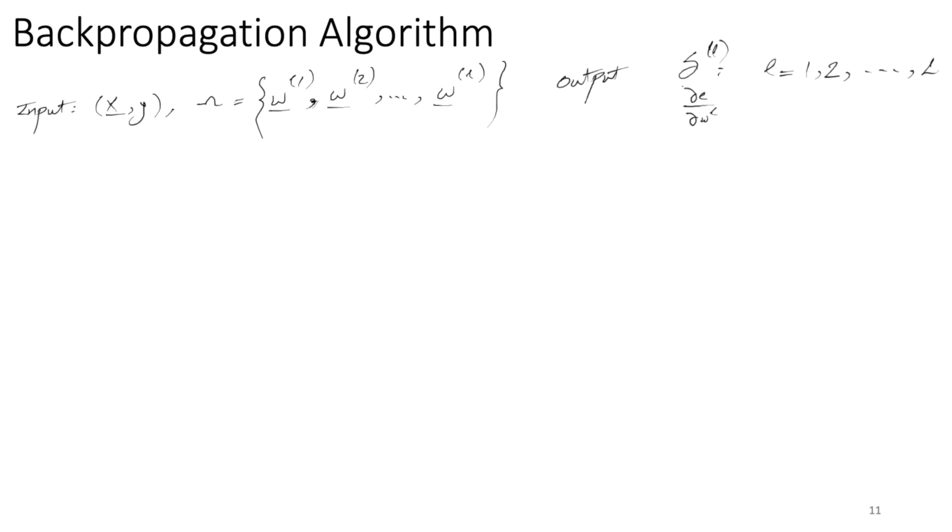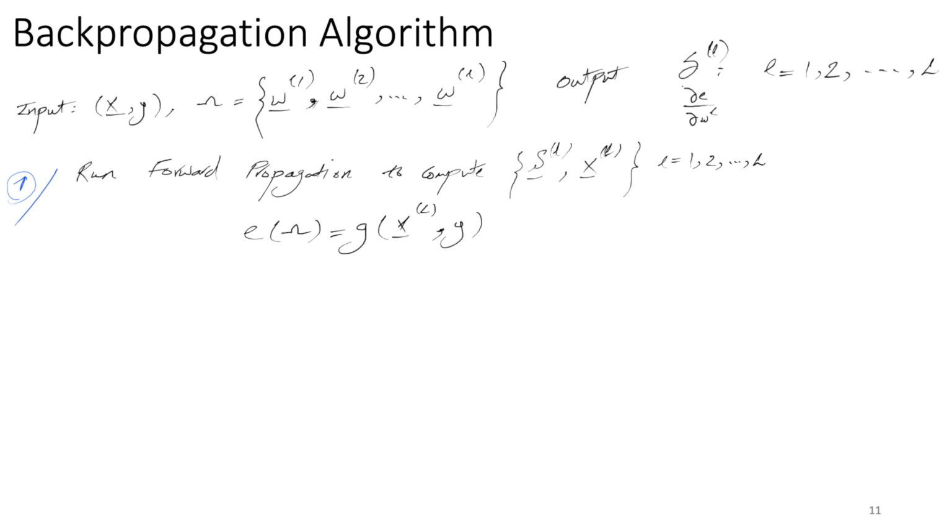So partial E divided by the L of the last layer, L capital, right? And we have to backprop towards all the layers L1 up to L capital L, right? So first, we have to run a forward pass to compute this to begin with. So we can compute the example error or E of omega from the differences between the true value and the one we estimated.